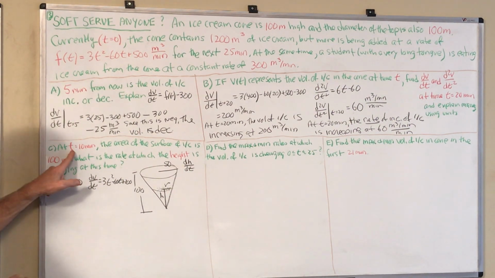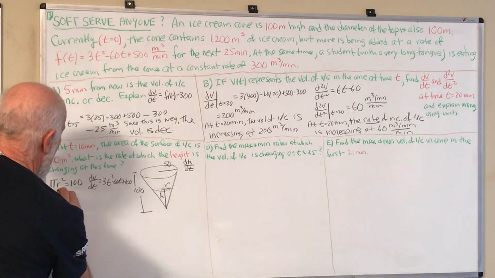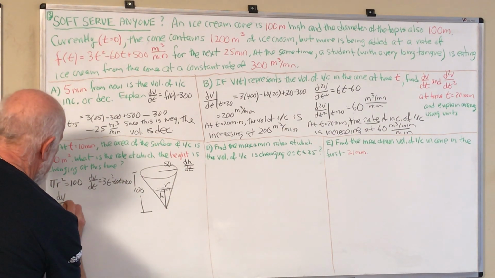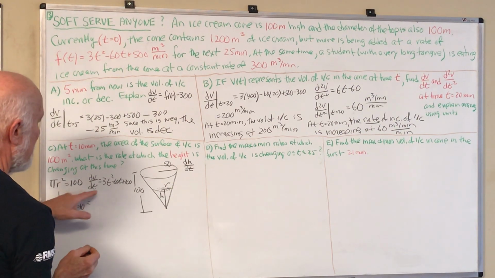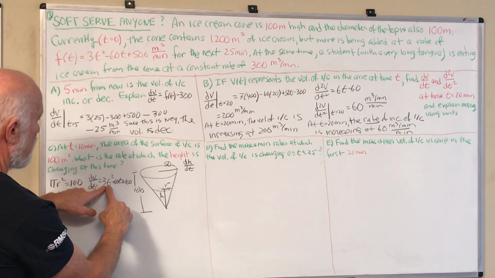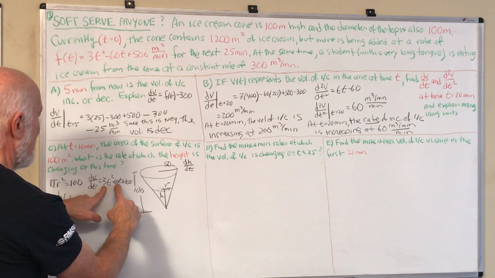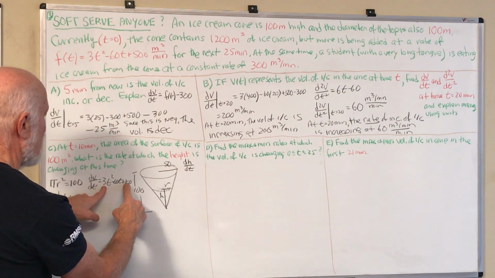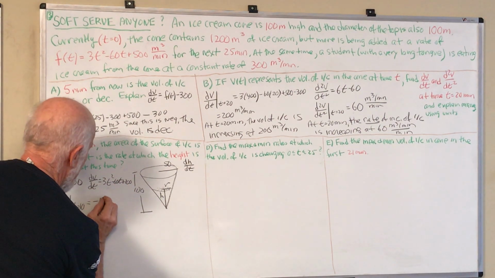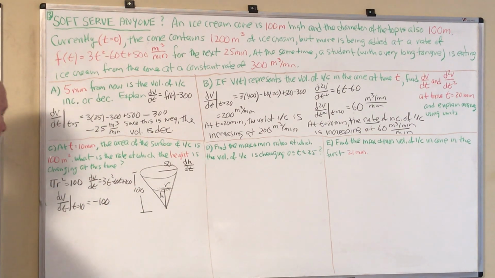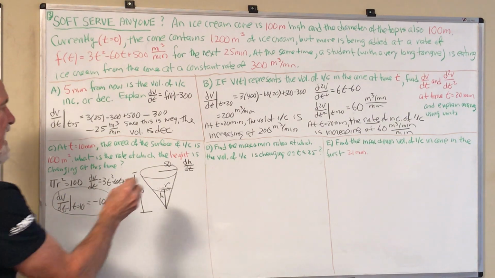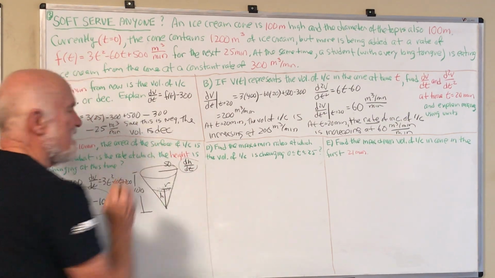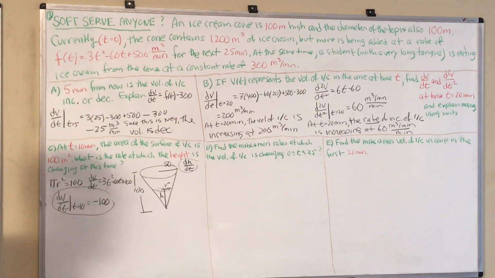So at time 10 minutes, so dV/dt at t equals 10 is 300 minus 600 plus 200. So it's minus 100. So we know a rate. We know dV/dt, and we're finding dh/dt. So this is a related rate problem.